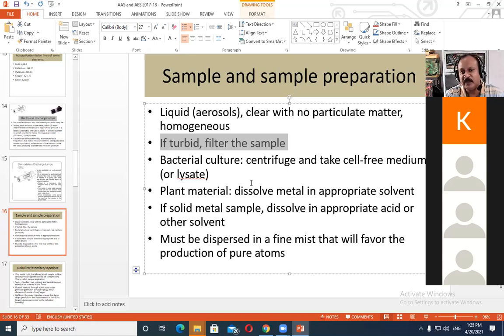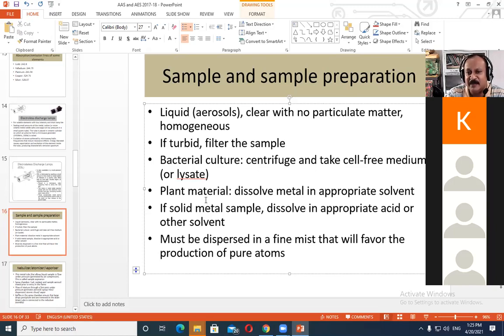After lysis of the cells, after breaking down the cells, you would probably want to again filter or centrifuge the sample, so that all the cell debris will be removed, and only the clear liquid will be subjected to analysis by AAS or AES.